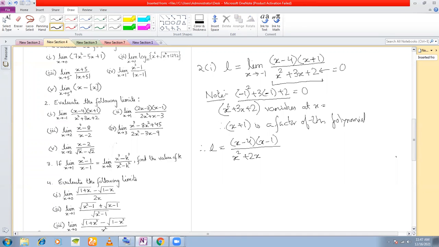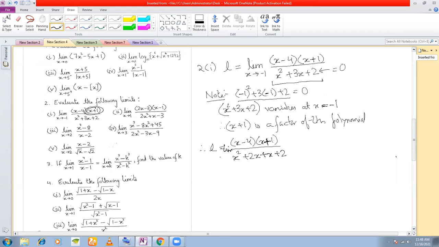So that means this polynomial vanishes at x is equal to minus 1. That means x plus 1 is a factor. Only the numerator I made the mistake that I did not take. If you see here, you have a positive sign. So therefore you factorize this polynomial.